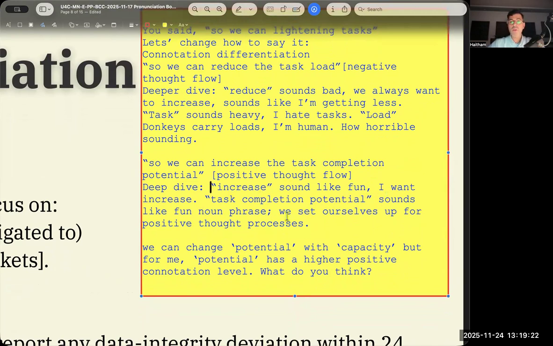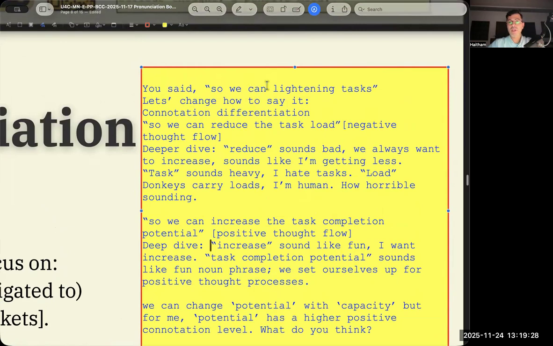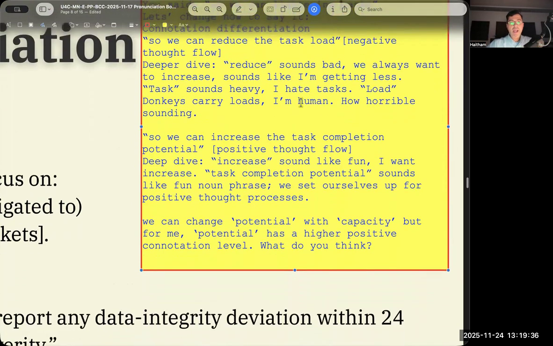So we set ourselves up for a positive thought process when we say this. So here, instead of saying so we can lighten the task, let's flip the script, use some psychological safety wording like we discussed from Unit 4A, and say so we can increase the task completion potential. Wow, that's a lot better, isn't it?